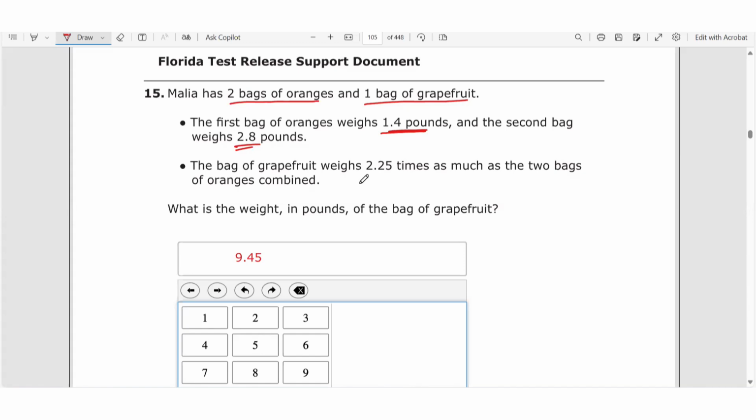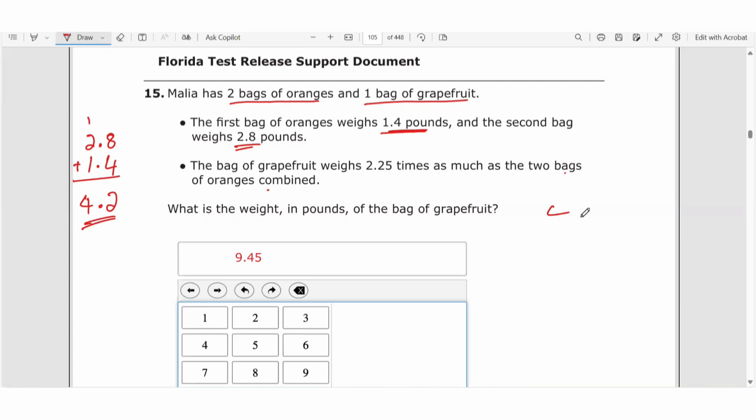The weight of the grapes is 2.2 times as much as the bags of oranges combined. So the question is, what is the weight of the grapes? So this is actually 4.2. So what we're suggesting is the two bags of oranges would have weighed 4.2 pounds.